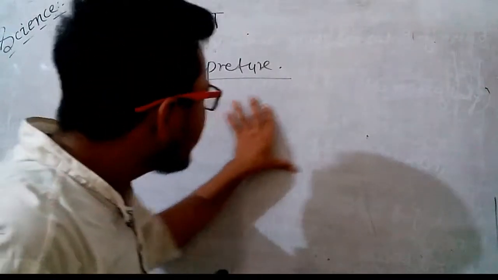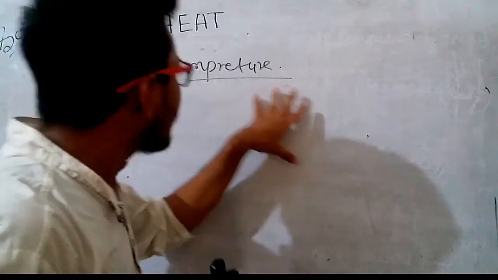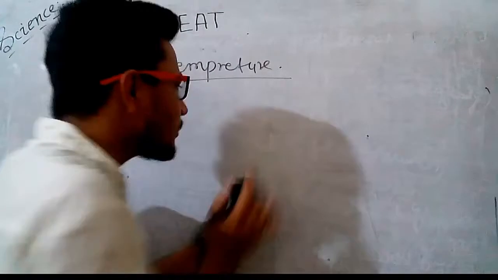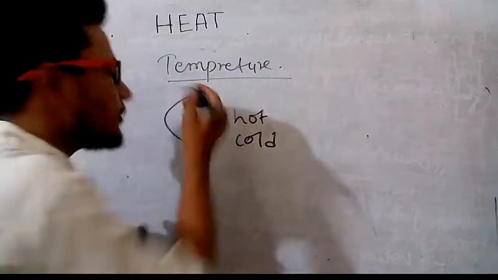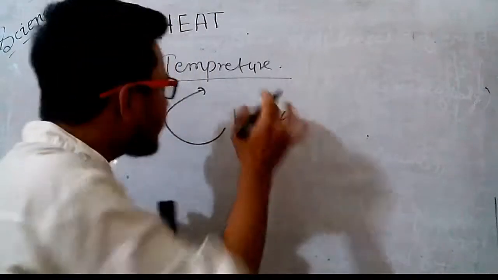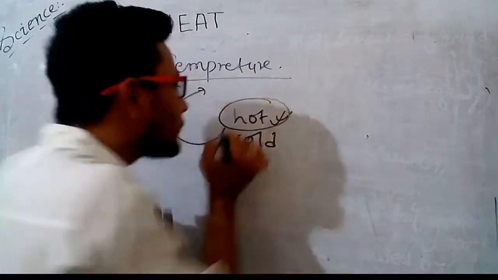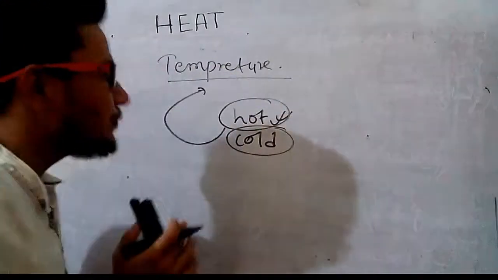So the body's degree of hotness or coldness is called temperature. But heat is totally hot, whereas temperature is the measure of how hot or how cold the body is.